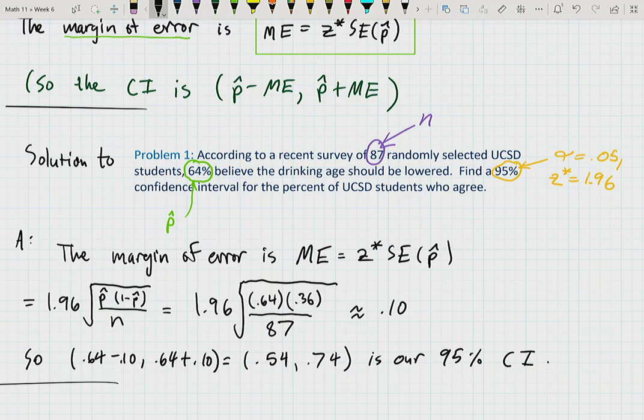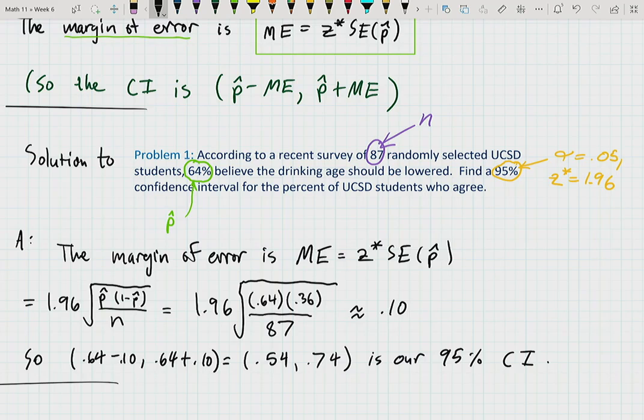Yeah, sure, good point. So is that the same thing as checking the np and n? The book calls that the success failure condition. So yeah, it's two separate conditions. Okay, but we wouldn't check the 10%? Actually, technically, yeah, we should. I didn't bother to do it here.